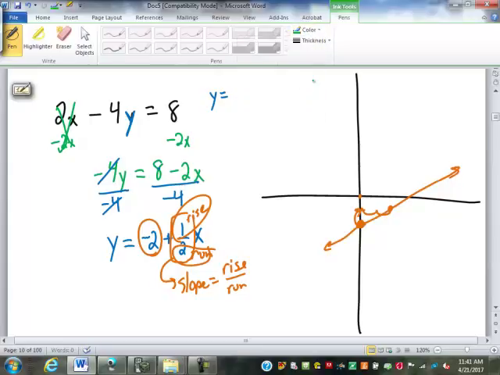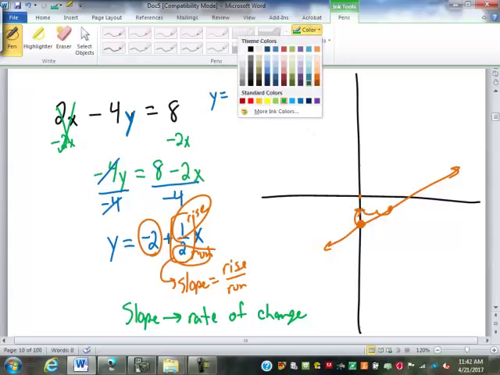Another way to think of that slope would be as a rate of change. We went up 1 over 2 just because it's simpler to do that on the graph if you can count out whole blocks.